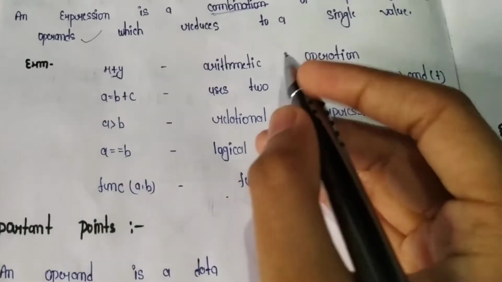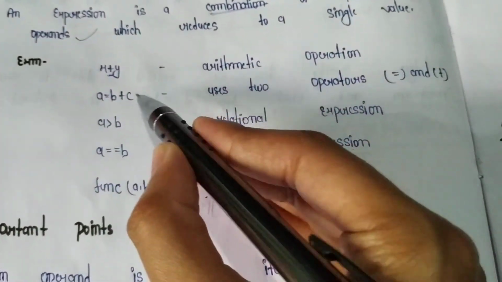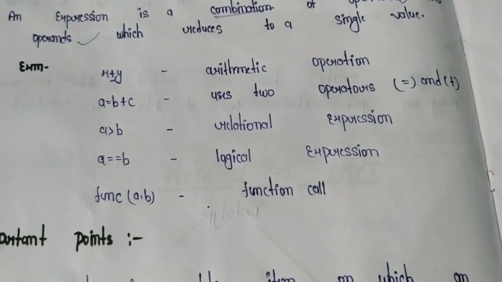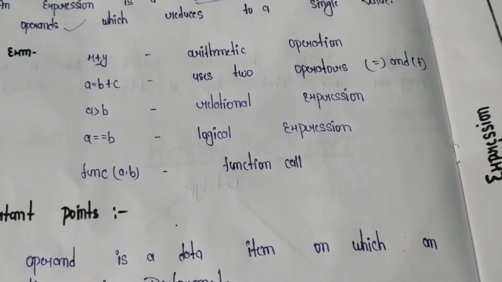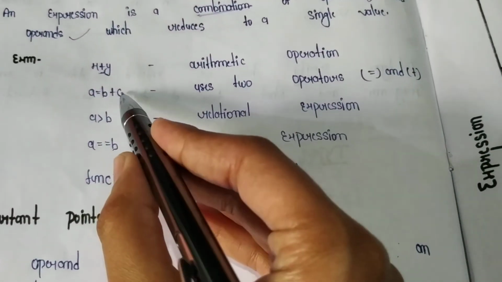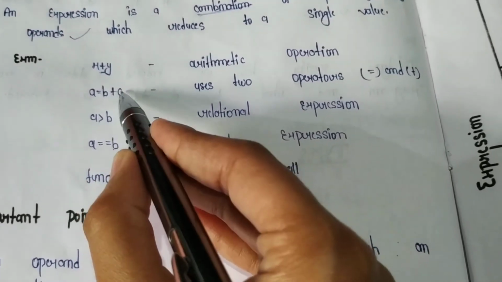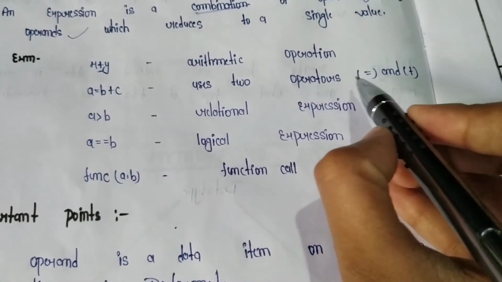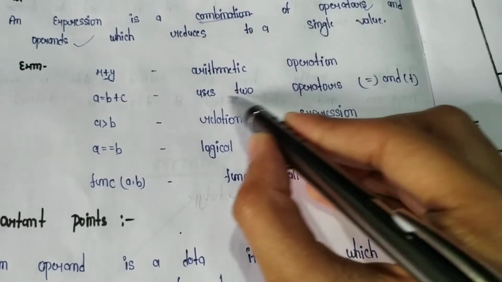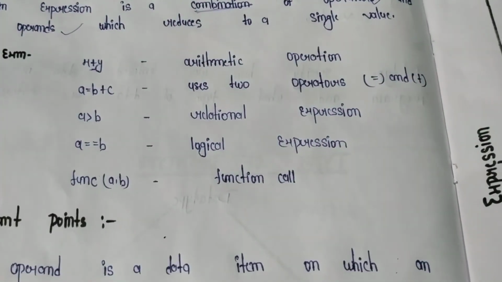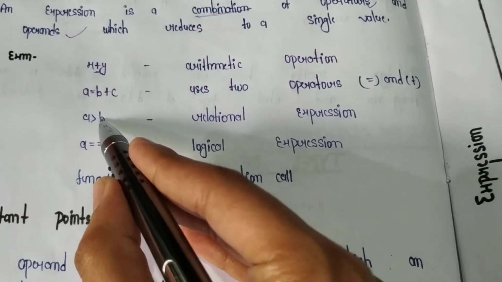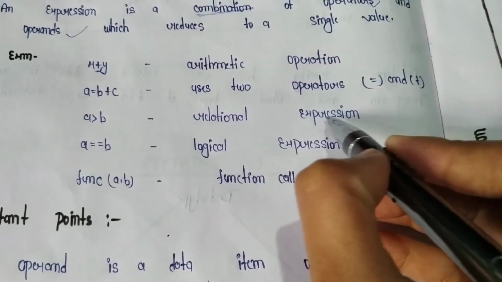Now, the next example is A is equal to B plus C. Here we can see there are uses of two operators: first equal to and the second add. Addition means sum. So we use two operators, equal to and the plus sign. Clear?